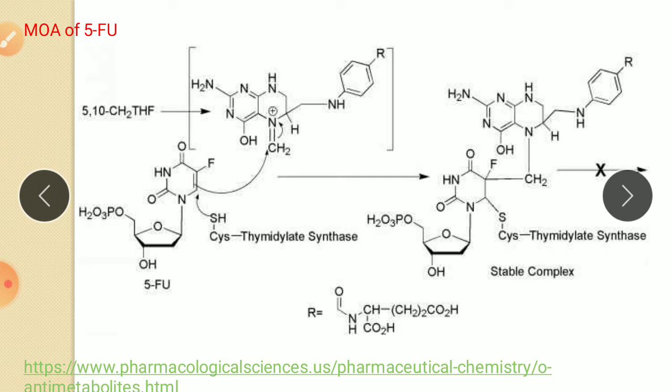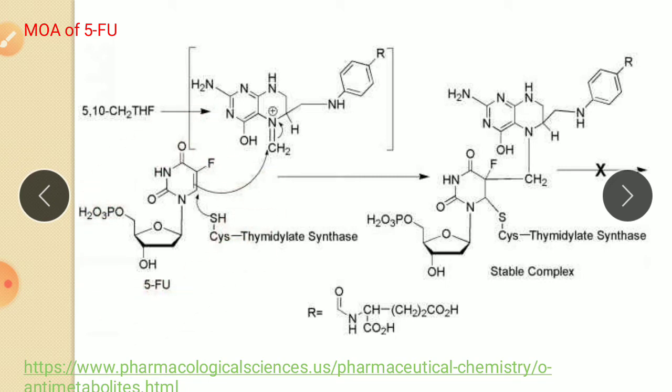We saw the normal mechanism of conversion of dUMP to dTMP. Here, instead of dUMP, 5-fluorouracil takes part in this reaction because it has structural similarity with dUMP, that is uracil. The cofactor is the same, the enzyme is the same, but the only difference is that instead of dUMP there is the drug 5-fluorouracil.